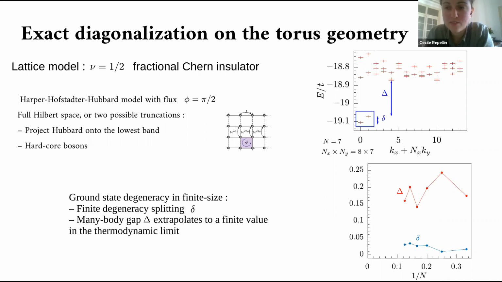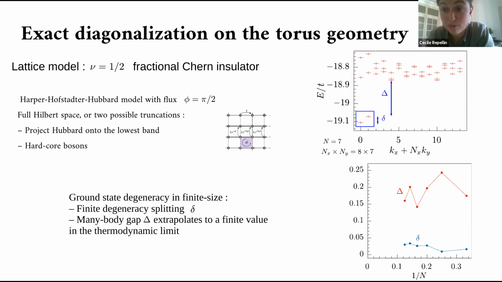So it's a bit confusing when you write it like this, because the filling fraction is the difference between the filling fraction of the lowest bands and the filling fraction of the lattice. And in this context, we have the fractional quantum Hall context. We tend to define every filling fraction with respect to the lowest bands and not the lattice.